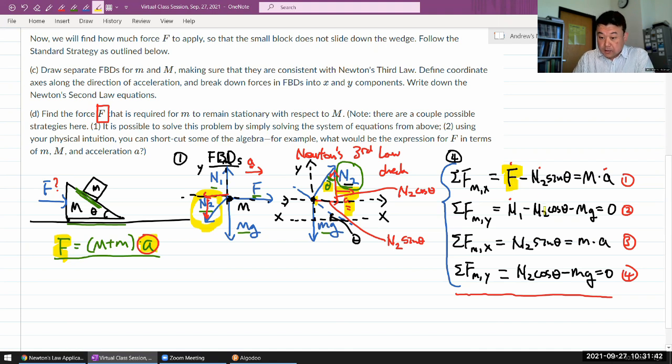So I see here, this is one of the equations that has acceleration. So I am going to solve for acceleration here and plan to plug it in there. And then I'm going to have n2 as an unknown. And even though I do see n2 here, this equation is not going to be useful because it has another unknown, n1.